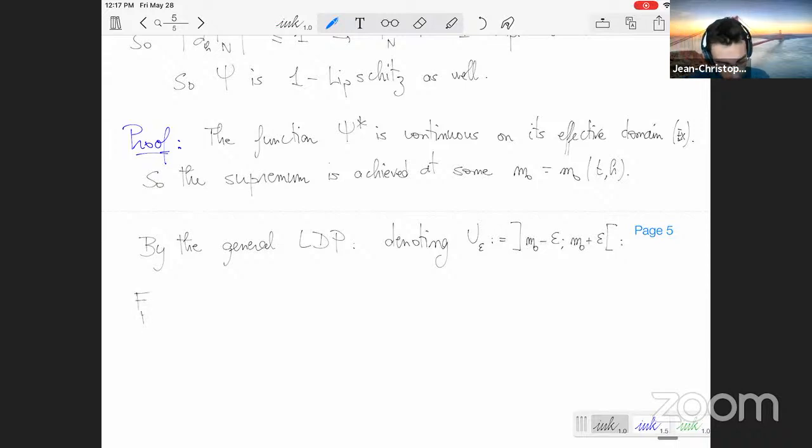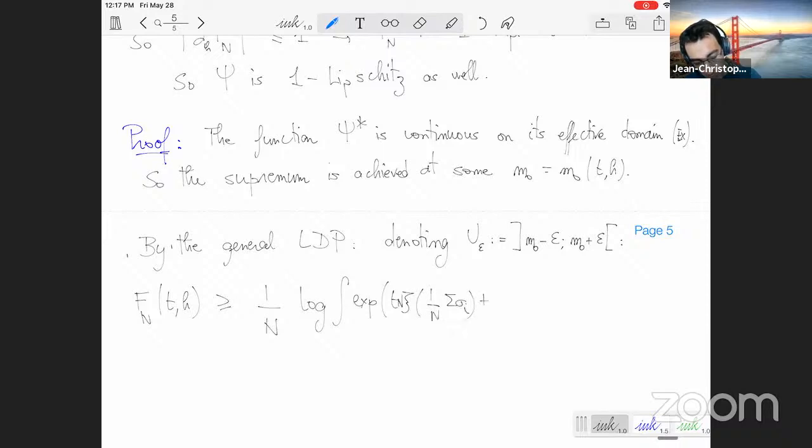I'm going to write that Fn of T and H is always larger than 1 over n log integral exponential of T psi of n Tn. So here I'm rewriting the definition.